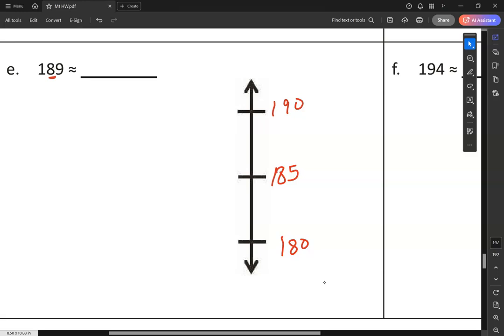So I have to plot 189, 185, 186, 187, 189. So is 189 above halfway or below halfway? Right, above. So we're going to round up to 190.